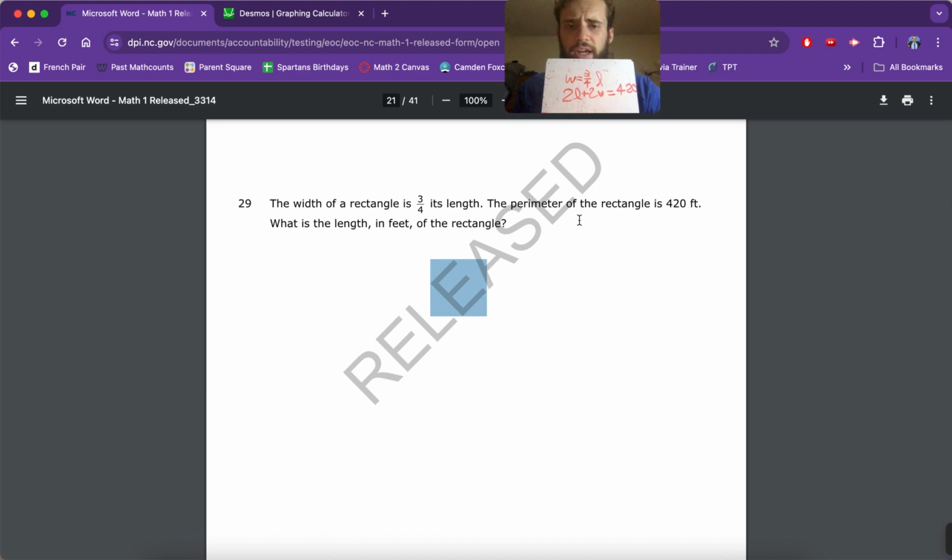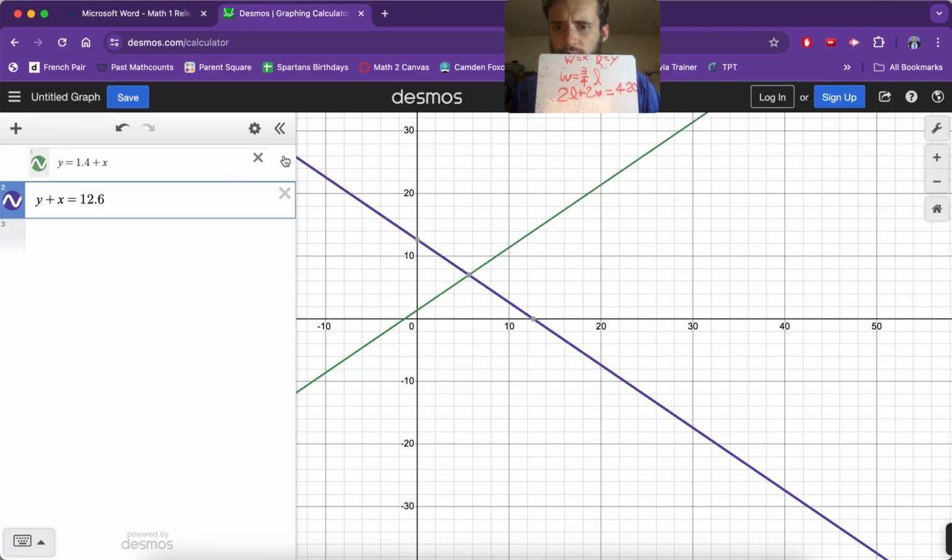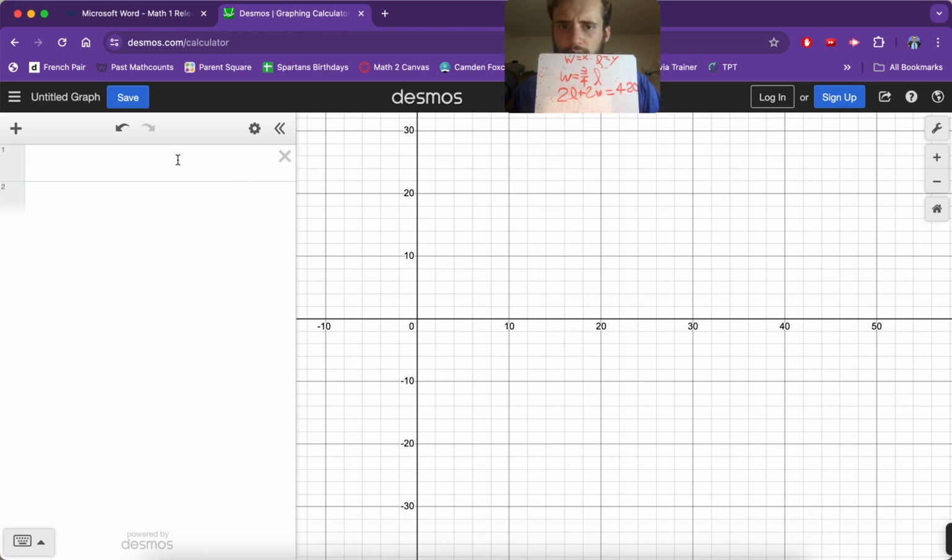Well, actually, if we change the width, let's say width equals X, and the length equals Y, right? It's an ugly L. Length equals Y. We could just plug this into Desmos as well, because it's still the calculator active section. So don't forget that you can use that tool, because it really makes it a lot easier.